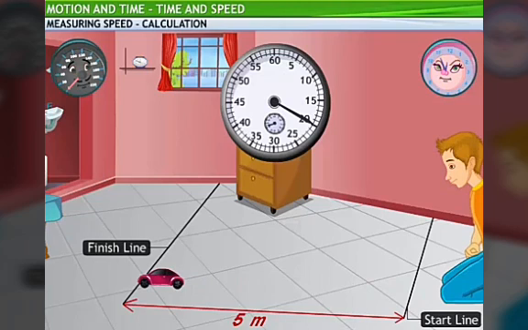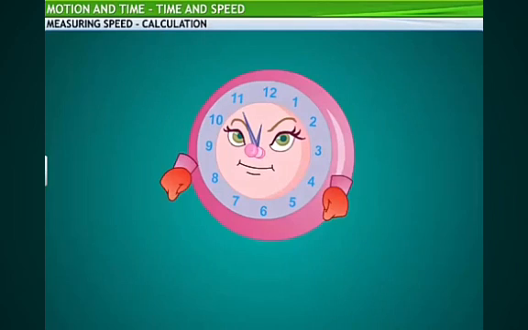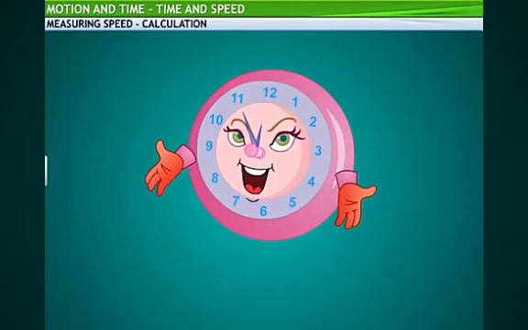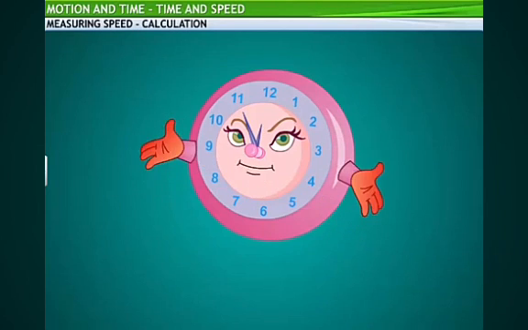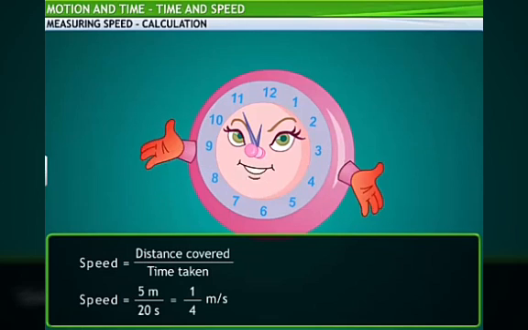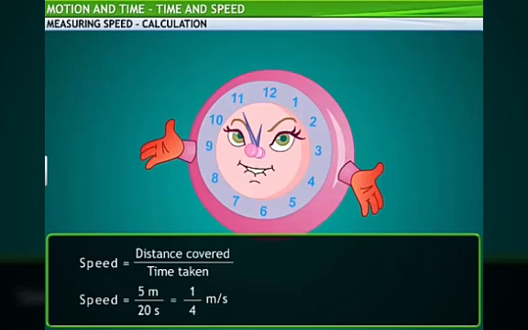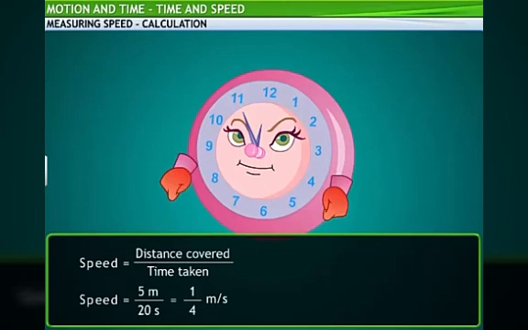There! What's the reading on the stopwatch? It reads 20 seconds. Cool! So now we can use the formula for speed to determine the speed of the toy. Speed is the ratio of the distance travelled by the toy, which is 5 meters, to the time noted on the stopwatch, which is 20 seconds.